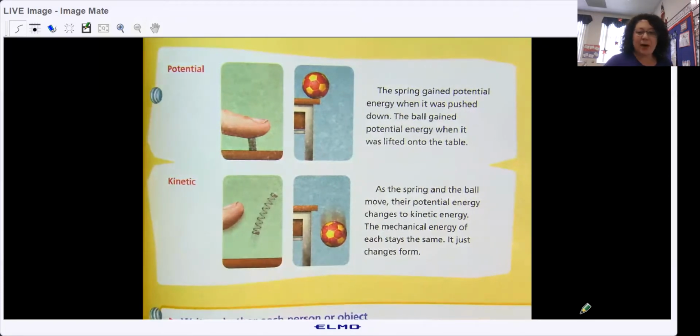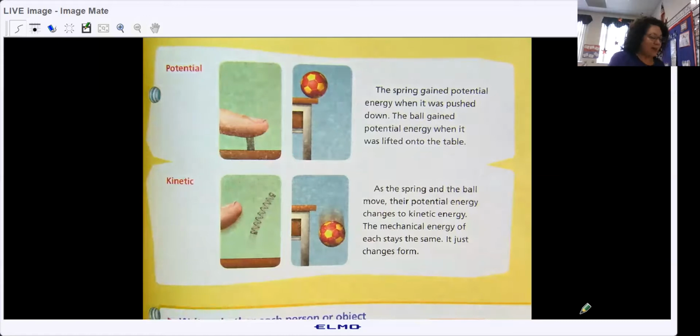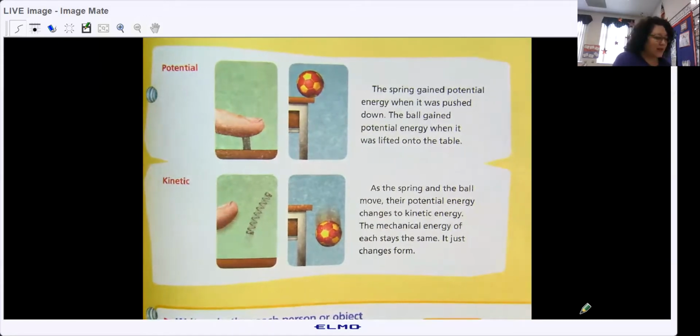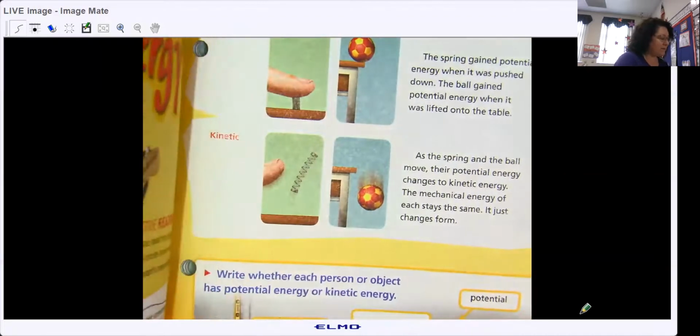As the spring and the ball move, their potential energy changes to kinetic energy. The mechanical energy of each stays the same. It just changes form. So we go from potential to kinetic. And doesn't that answer our question on the other page? Right? So let's turn back and write in the answer there.